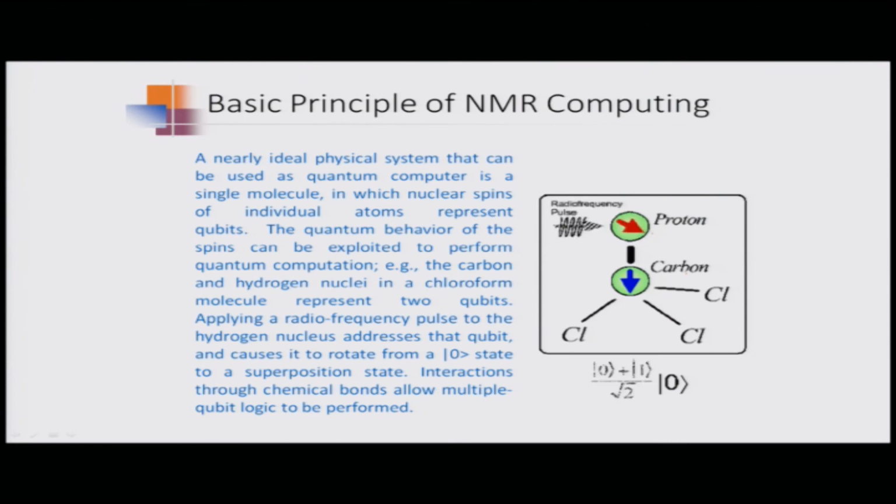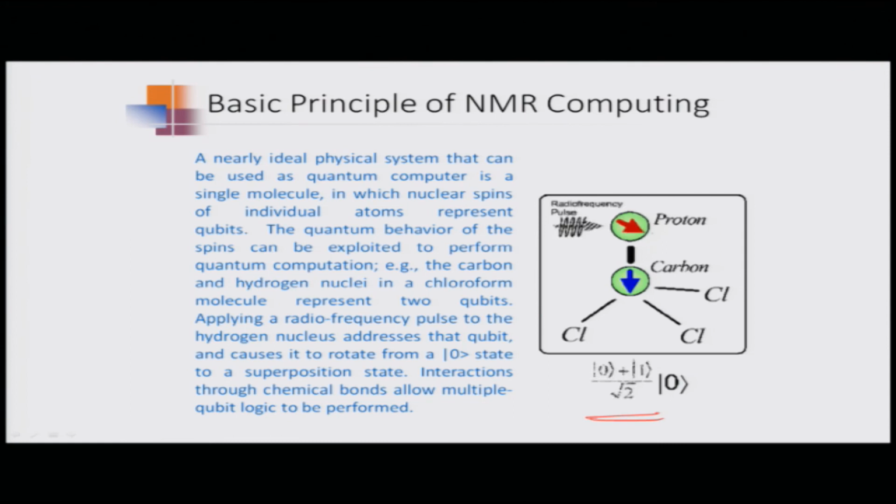In this particular case, for instance, the carbon and the proton in the chloroform, as I had discussed earlier, was one of the first molecules used for a 2 qubit system, to show the Hadamard transform happen.